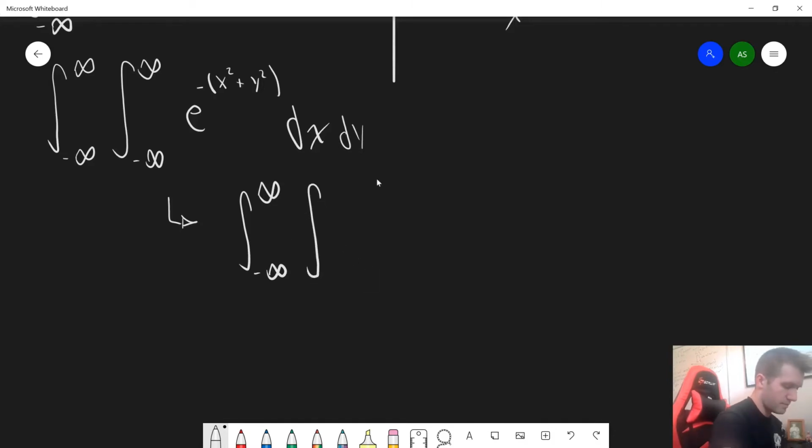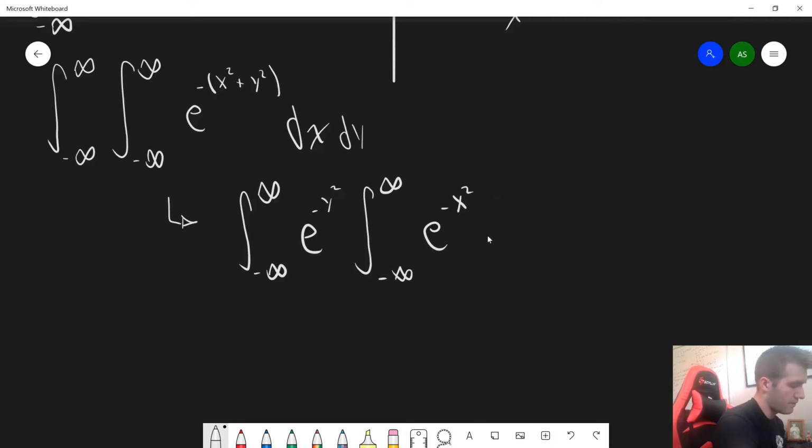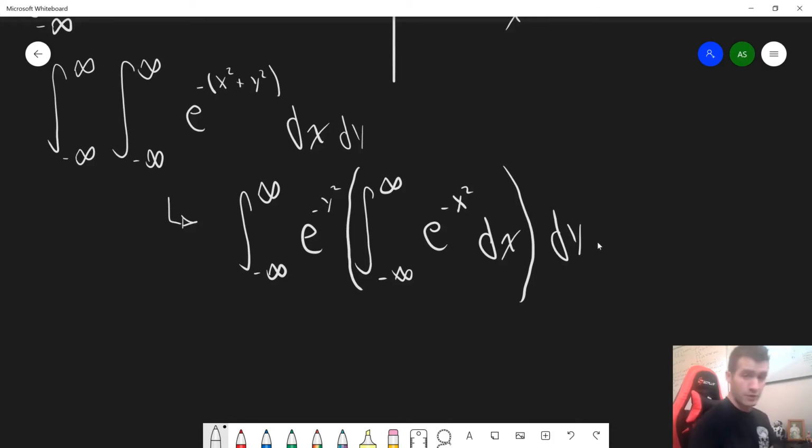Oh, I didn't do what I said I was going to do. So we have e raised to the negative y squared with our inner integral from negative infinity to infinity, where we have e to the negative x squared dx. So let's put parentheses around this so we know that that is where we're going to be integrating first.